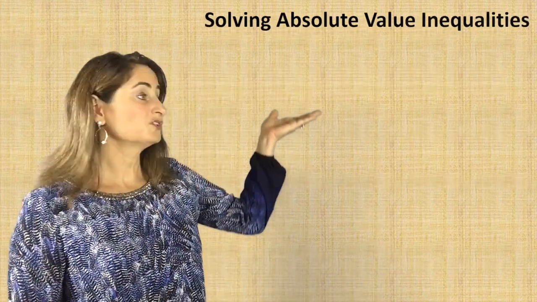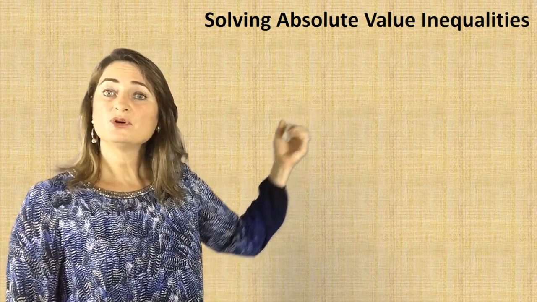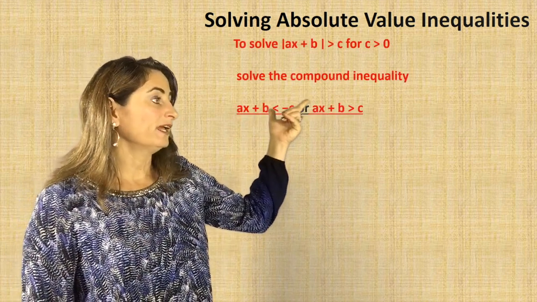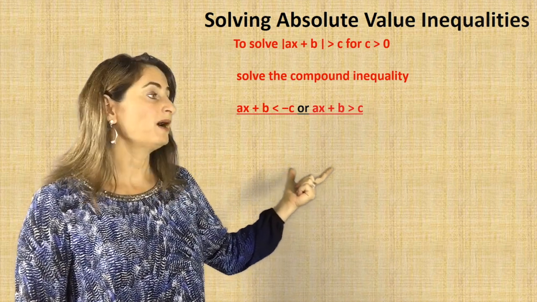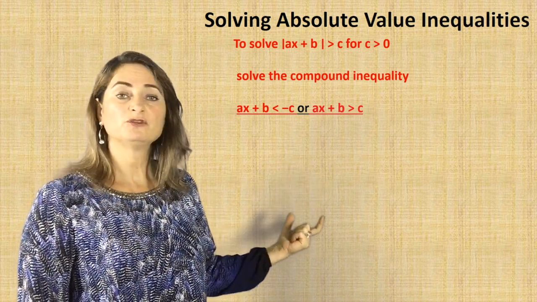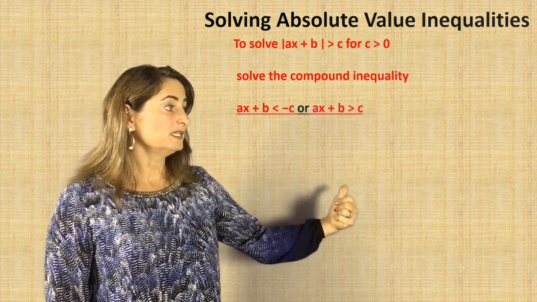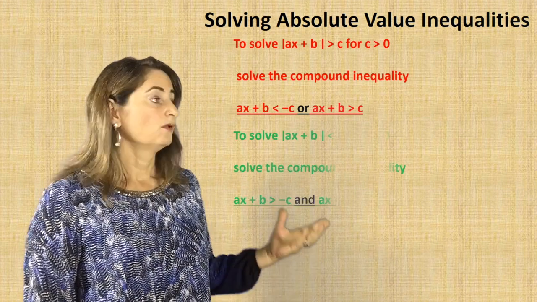Now, to solve absolute value inequalities when it's more than or less than. For the absolute value of ax plus b more than c, you use two compound inequalities joined with or: ax plus b less than negative c, or ax plus b more than c.